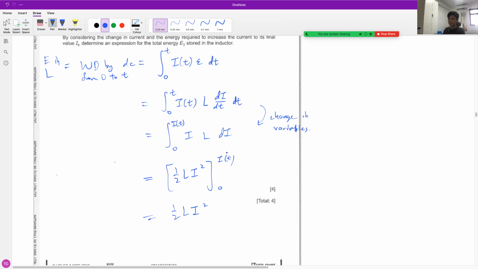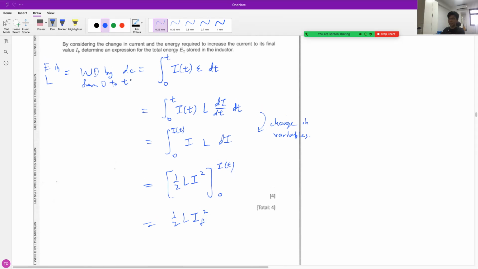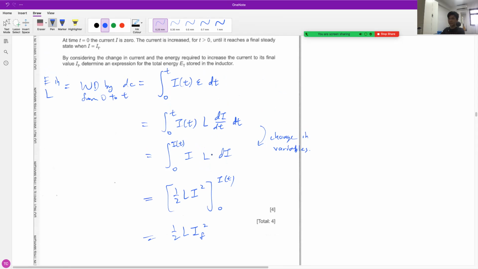So going back to the question, if we consider what happens at the final steady current, when I equals I_F, then we want to find the work done from 0 to the time T_F where it reaches a steady current.